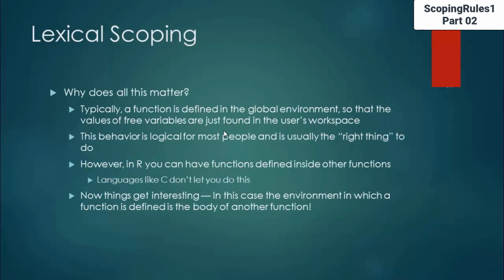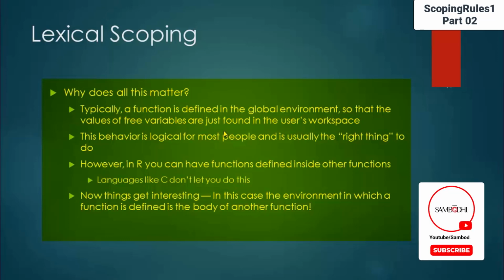So why does this matter? Typically, a function is defined in the global environment so that the values of free variables are just found in the user's workspace. This behavior is logical for most people, and it is usually the right thing to do.